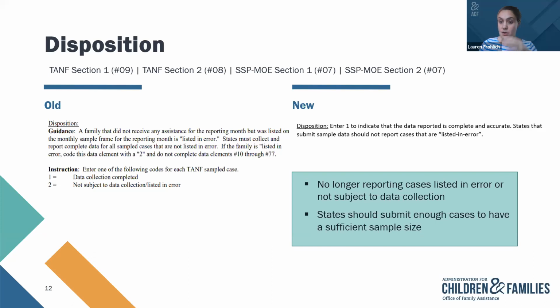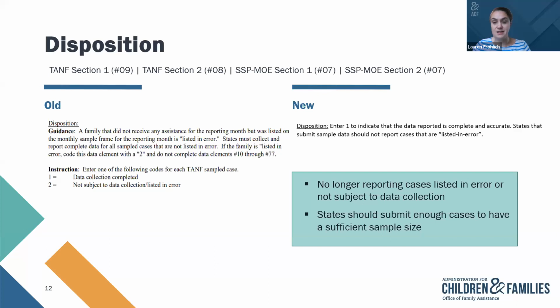And what that also means is that states should still, if you are submitting a sample of your caseload, submit enough cases to have a sufficient sample size. And that has always been true. We're just trying to make that as clear as possible. So we need a random sample of those who would not be listed in error.